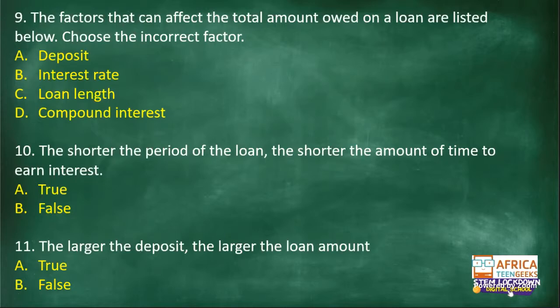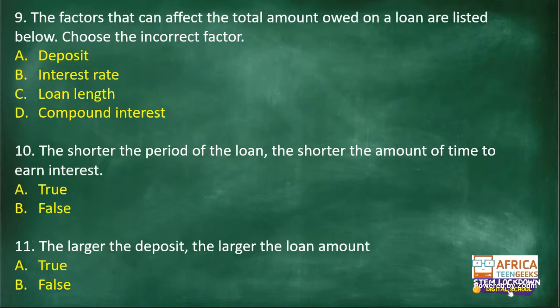So even in a house, if you are buying, or a car, say two friends buy a car which is worth 100,000 rands each, and the first friend pays a deposit of 30,000 rands. The second friend pays a deposit of 50,000 rands. Obviously, the loan amount of the friend who paid 50,000 rands will be less, because he will have to get a loan of 50,000 rands.